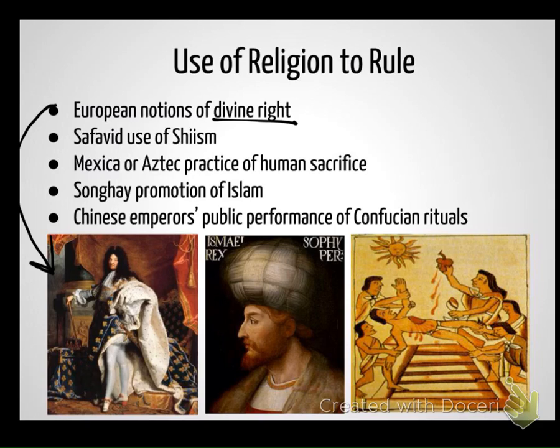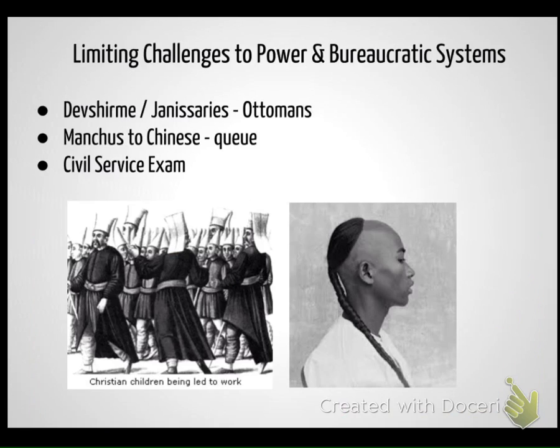We know that in the Americas, the Aztec or the Mexica practiced human sacrifice. We see a picture of that down here. Again, a way to legitimize their rule, the activities that they went through to show that God essentially was the one leading them. We see in West Africa the promotion of Islam, and still in China, this idea of going back to Confucian rituals, Confucian beliefs, Mandate of Heaven, etc., use of religion to rule.